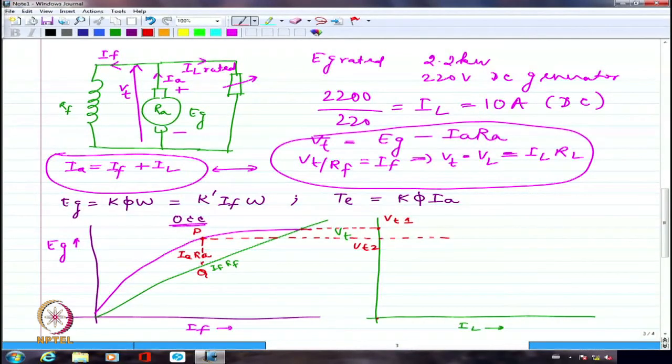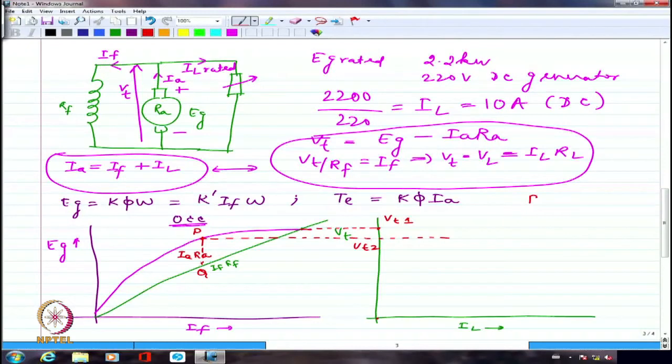If I assume roughly IA and IL are equal, they are not. Definitely IA is IL plus IF, but it's very difficult for us to subtract IF every time. I know the armature resistance, so I should be able to get my IA because I know this PQ length.